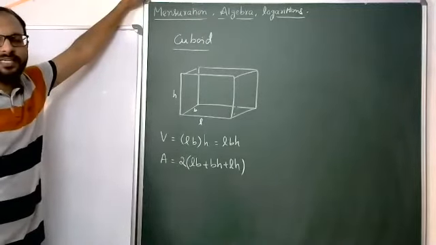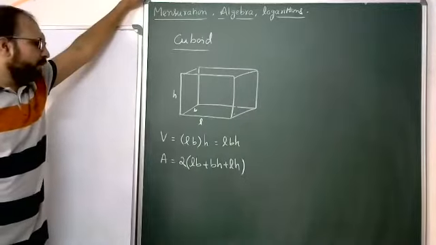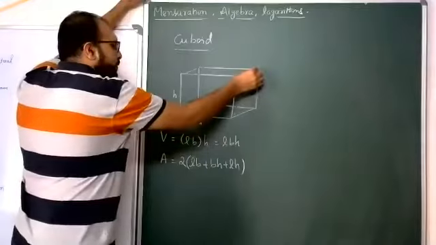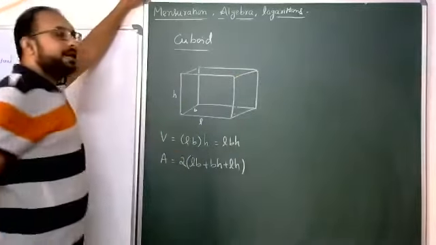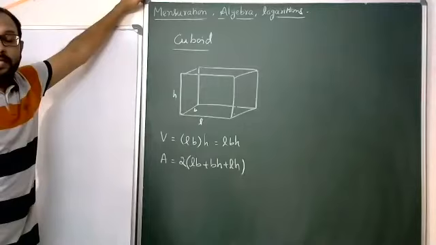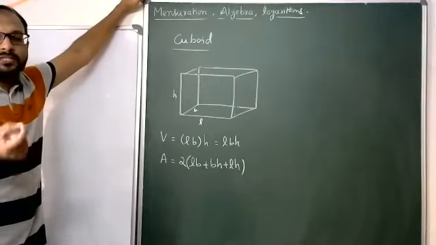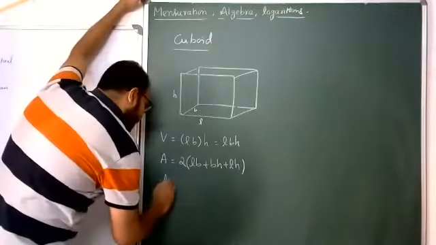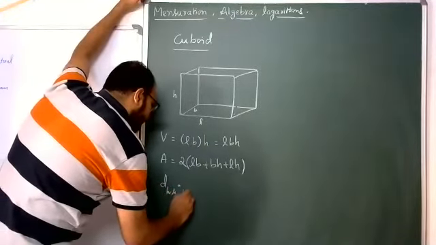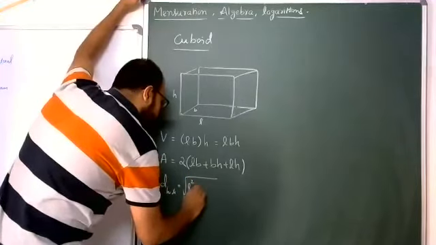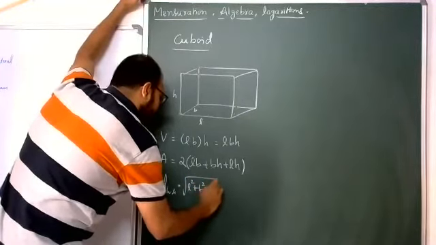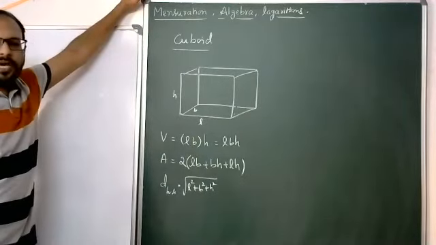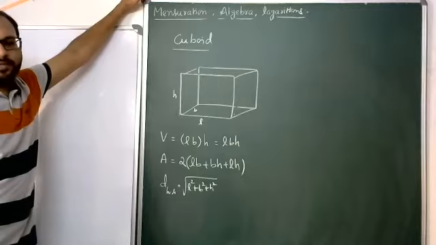Next, from here to here, one body diagonal is there. That body diagonal length is also very important in our physics problems. So the body diagonal is under root L square plus B square plus H square.